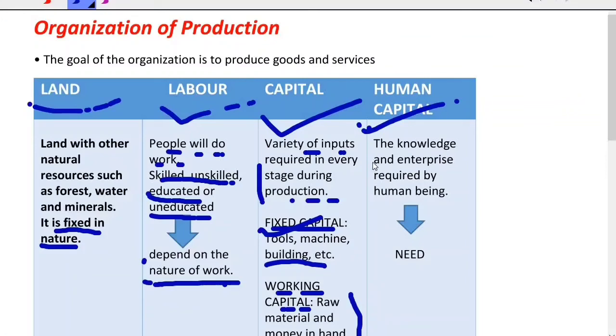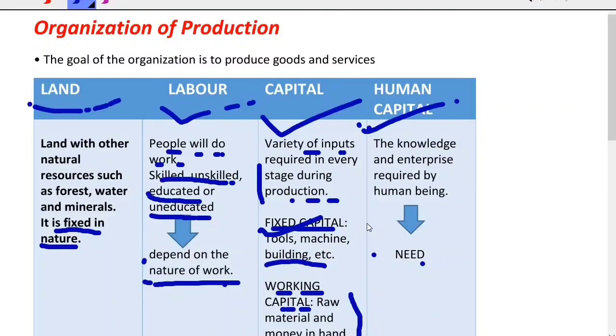The knowledge of that person is very important. The business is totally dependent on the knowledge of that person, and it also depends on need, which type of knowledge is required. So the last, human capital, is the most important factor of production for the production activity.